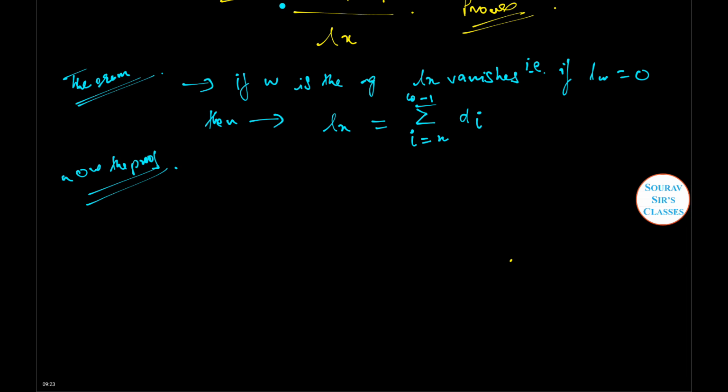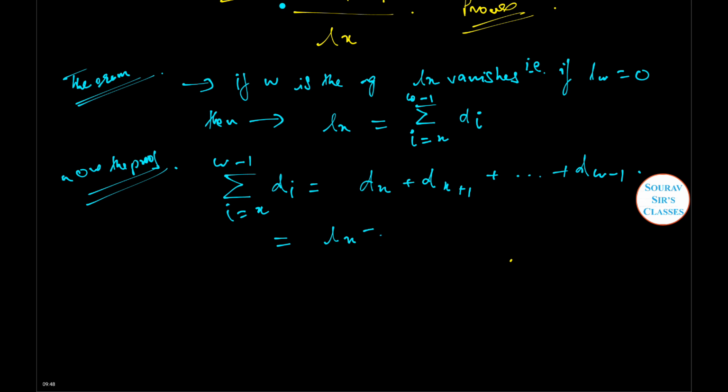By definition, we know that summation of i equal to x till omega minus 1 of di is equal to dx plus dx plus 1 plus till d omega minus 1, which can be further grouped to Lx minus Lx plus 1 plus Lx plus 1 minus Lx plus 2.